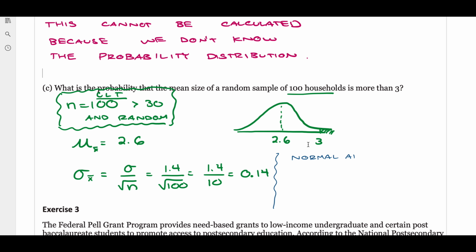The normal app says type in the mean, which is 2.6, type in the standard deviation, which is 0.14, and since I'm asked more than 3, I'm going to use upper, and x is more than 3, so 3.